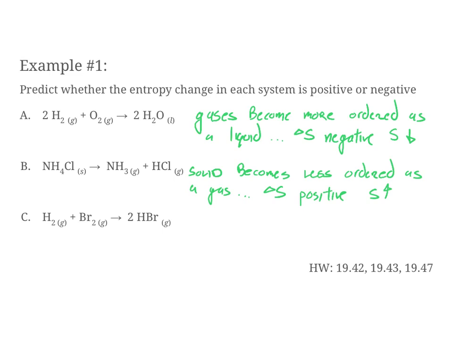Then we have hydrogen gas and bromine gas making hydrogen bromide gas. In this case, I would say that it is impossible to determine the sign of the change in entropy.